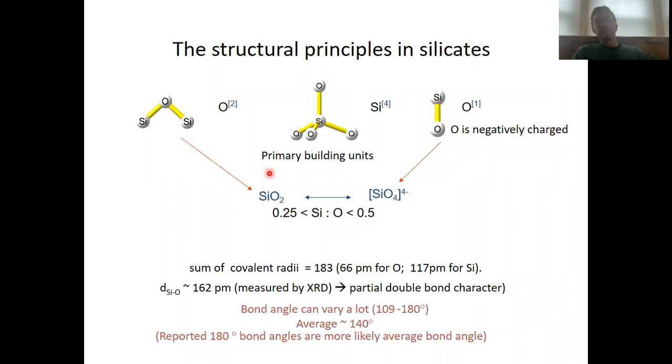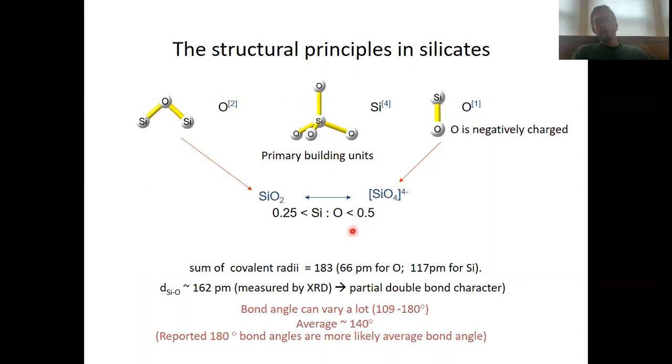Overall, the silicon to oxygen ratio in silicates can vary between 0.5 in silicon dioxide and 0.25 in the orthosilicate SiO4 4-, but of course you can have everything in between. So there are many possibilities for combinations of terminal and bridging oxygens.